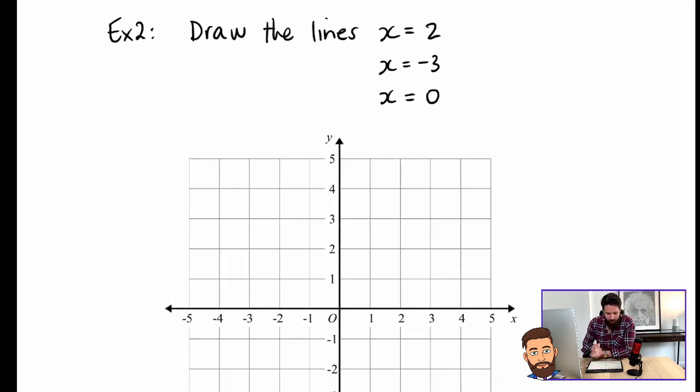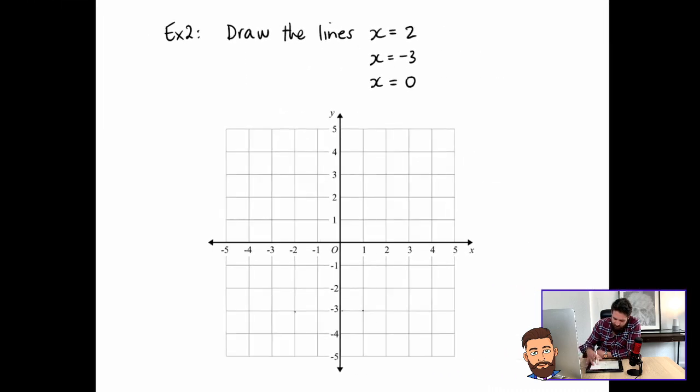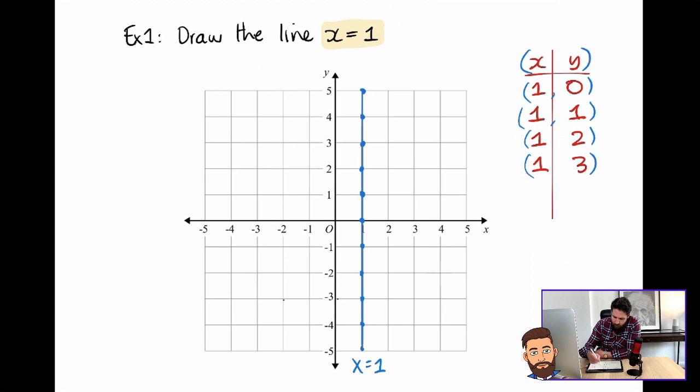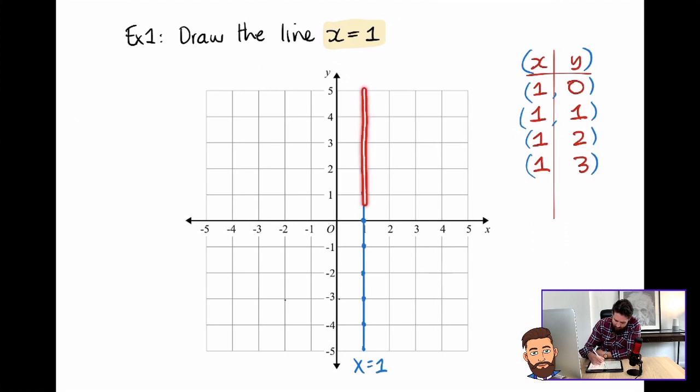Example 2. Example 2 says, draw the lines x equals 2, x equals minus 3, and x equals 0. Now, we've just seen that the line x equals 1 goes directly through the x-axis at 1.